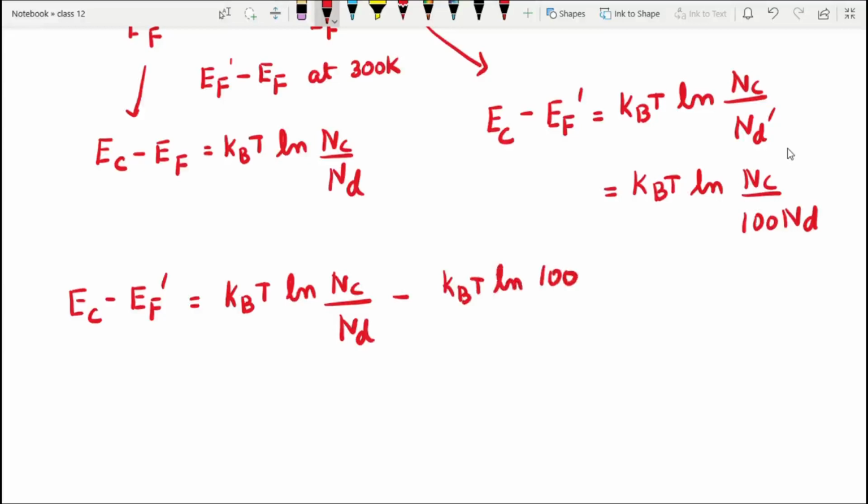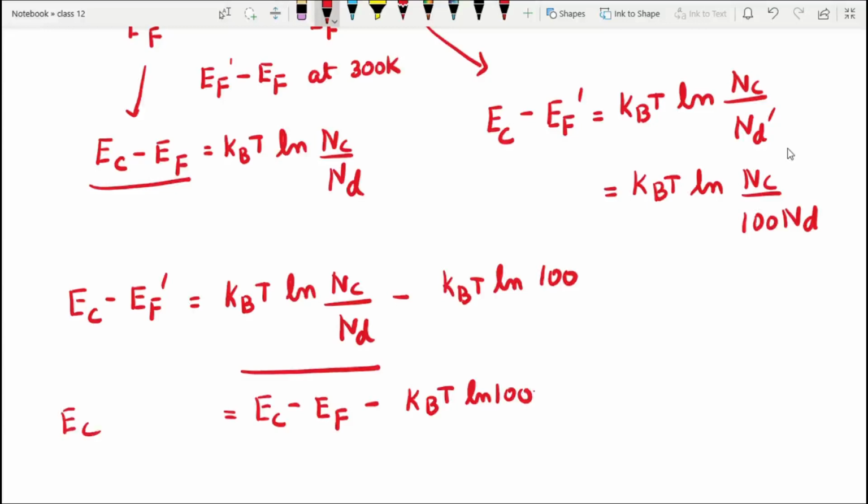Now we can substitute for this term EC minus EF, so it will be EC minus EF minus KBT ln of 100. Now we can remove this EC and this side EC, then we will be getting EF prime minus EF is equal to KB into T ln of 100.